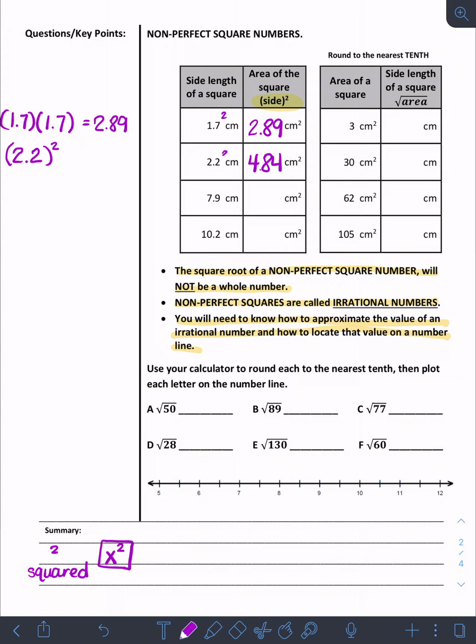Then we're going to do 7.9 squared. That's 62.41. Feel free to pause the video at any time if I'm going too fast. And then when we do 10.2 squared, you get 104.04.